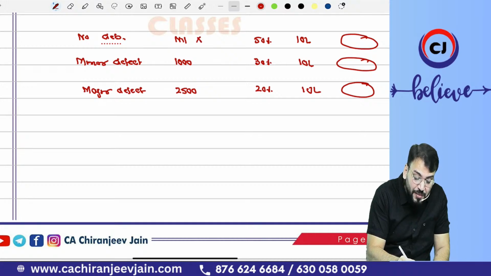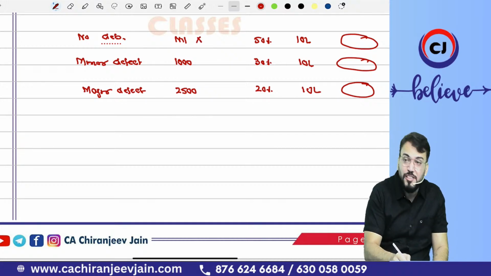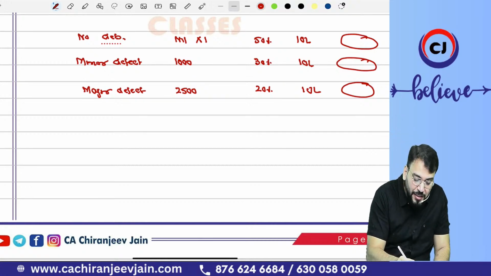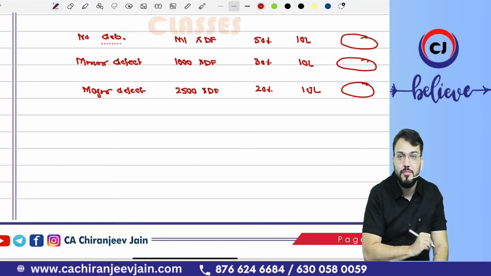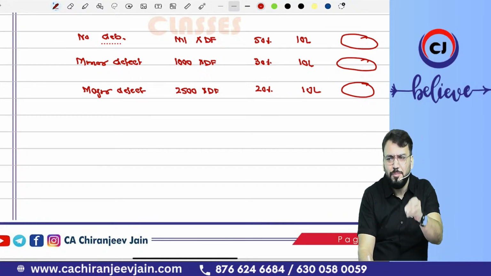Now, if a present value, that is a discount factor, is given, we'll do discounting of this future outcome. So multiply by the discount factor, whatever is given. Suppose at the rate of 10% or 12%, whatever discount factor is given, we can calculate.